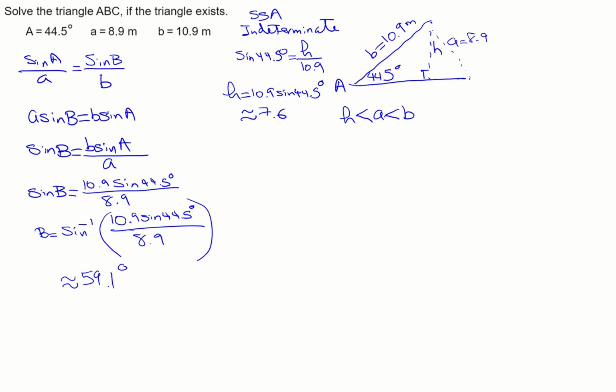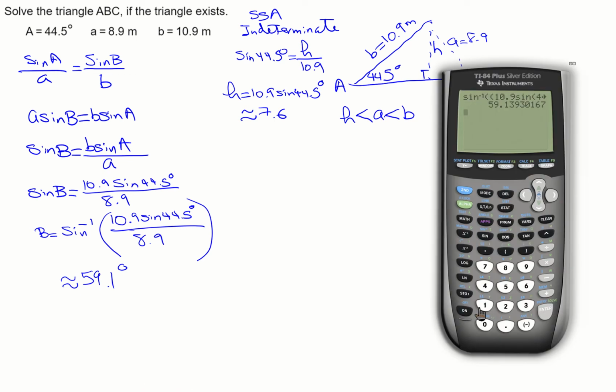But remember, if the sine of an angle is a certain value, the sine of 180 minus the angle is also the same value. That's how we end up with 2 triangles. So we do 180 minus 59.1, and we get 102.9.